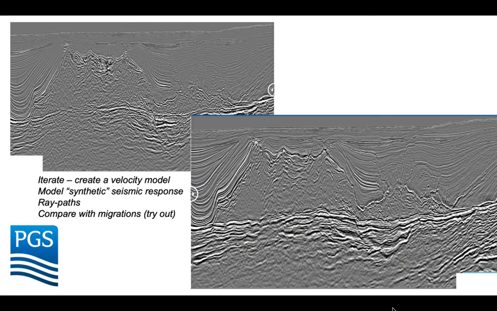Then you can use those ray paths to remigrate the real seismic data, making multiple migrations, changing the synthetic, changing the velocity model a little bit, so you get better coherency between the final image and the modelled versions. It's a very elaborate and computer-heavy approach.